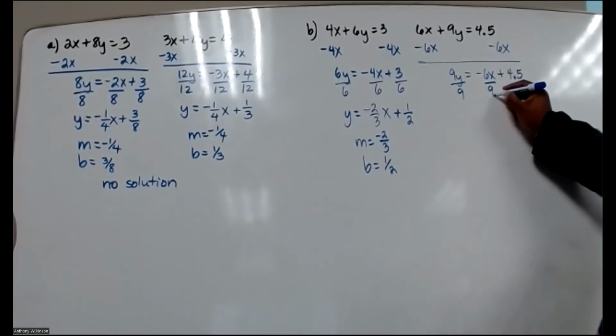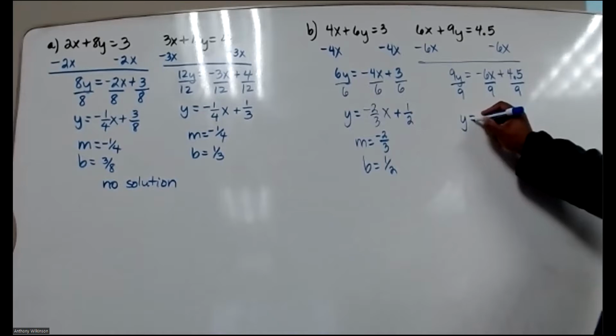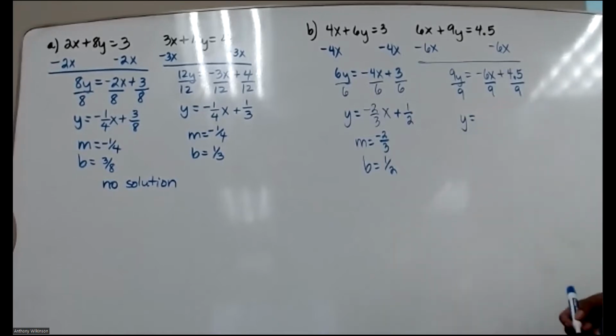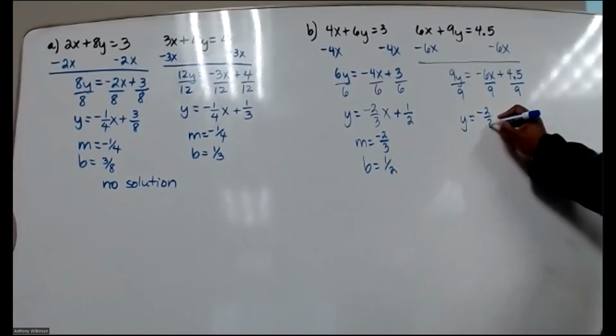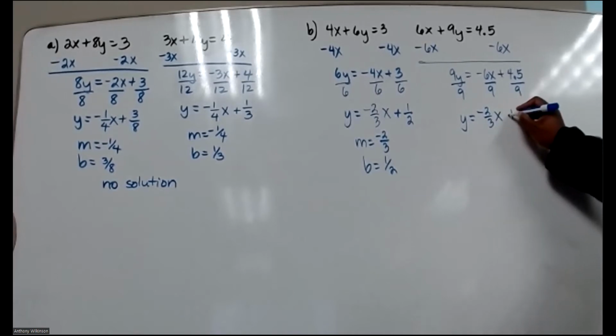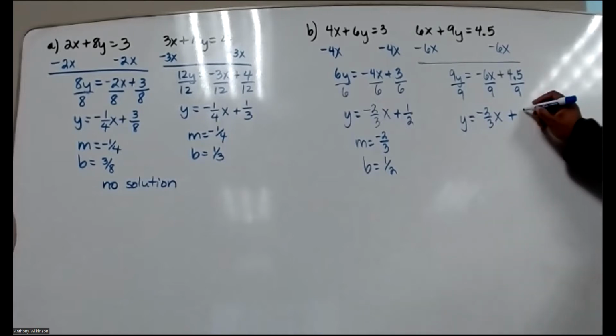And we're going to divide each and every term by 9. So that means y is equal to -6/9, in simplest form would be -2/3. So it'll be y equals -2/3 x. 4.5 divided by 9, that'd be 1/2.